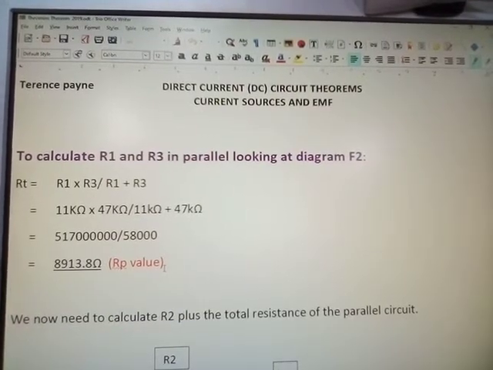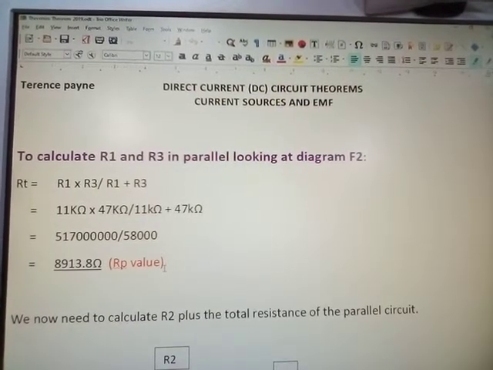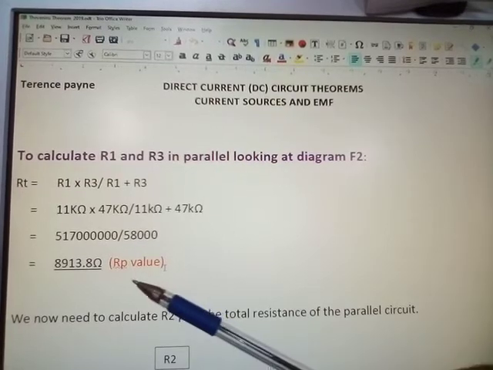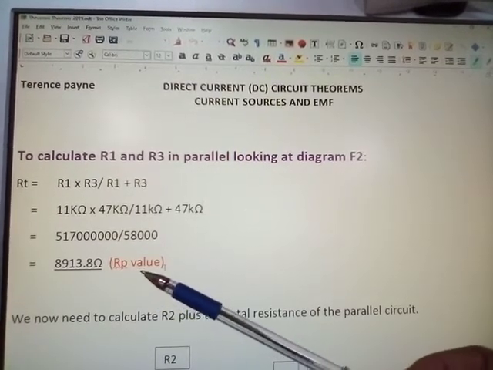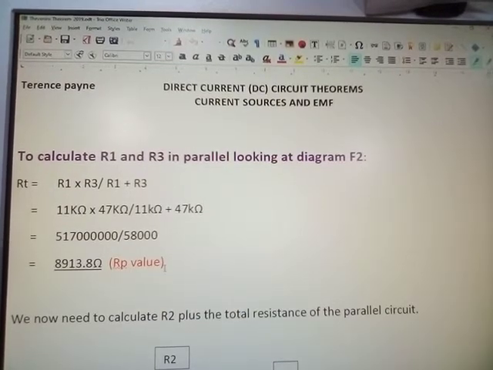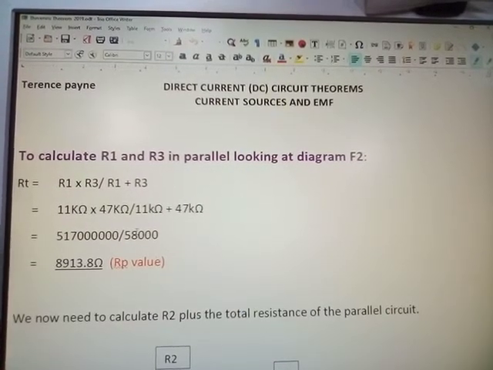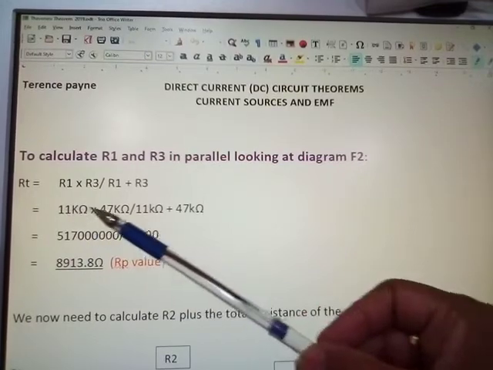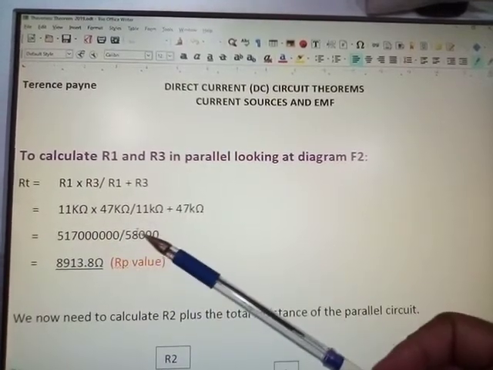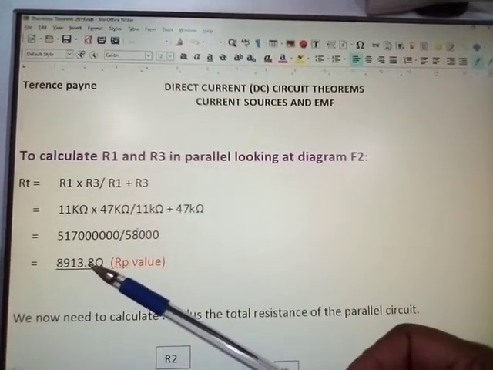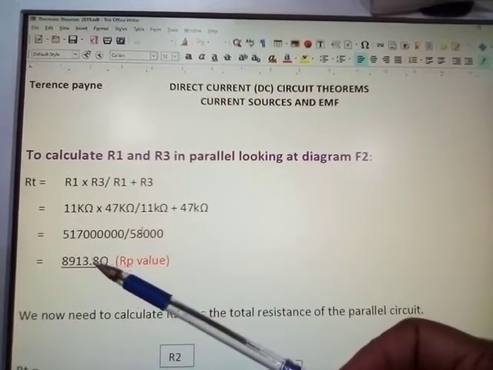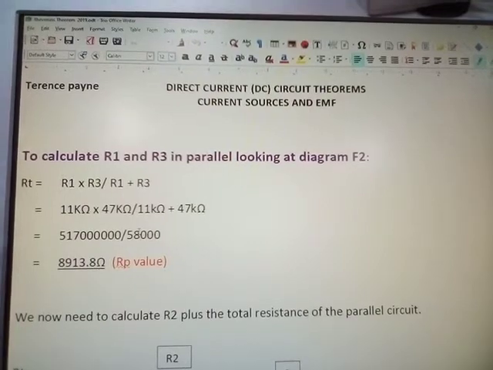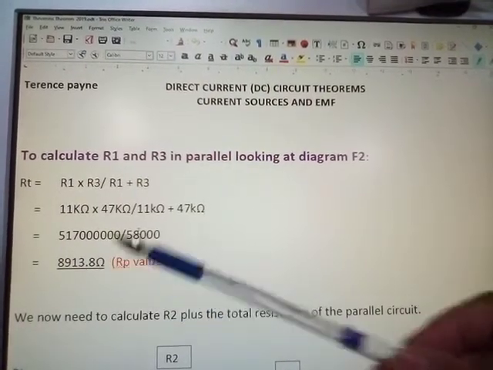Therefore, it will then be 8.9138 kilo ohms. And this is the value of resistance in parallel. Now you need to have done this for yourselves. Put this into your calculator. Make sure that you have arrived at the same solution and values I have given. Do not take it as read. I could have put this in simply off the top of my head because I have no hair already.